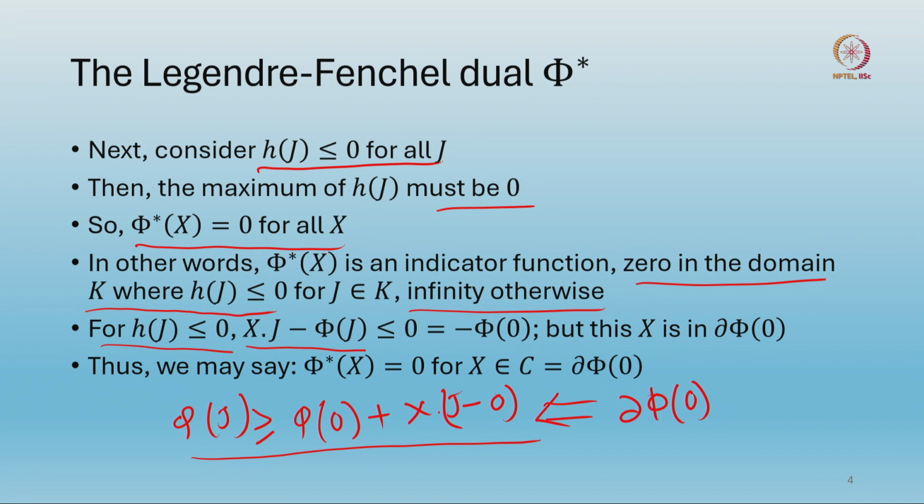If h of j is less than or equal to 0, then we may say that phi star x is equal to 0 for all x in the set defined by the subdifferential of phi at 0. Subdifferential is the generalization of the notion of gradient, remember that. This is a very interesting thing. I have explained it. If you find it difficult, go through this slide and this part of the lecture again and again, and you will understand it fully.